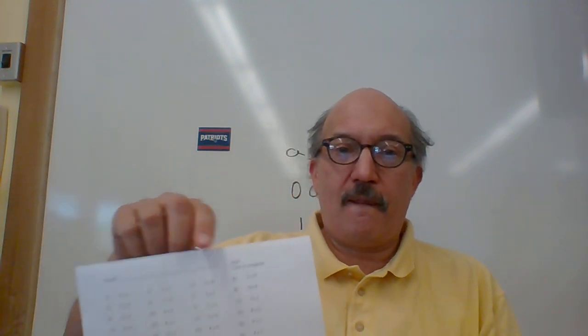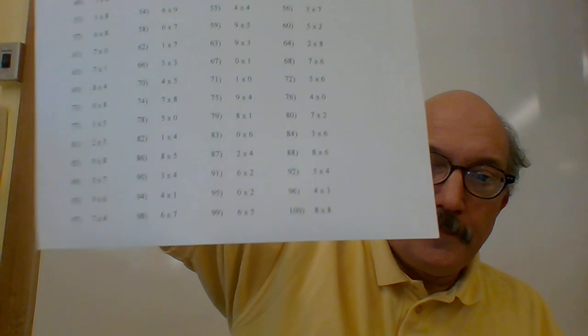I'd like to go through the papers that I have provided for you along with this video, give a little explanation of each one. The first is a timed test. There are 100 facts. I decided to be comprehensive.